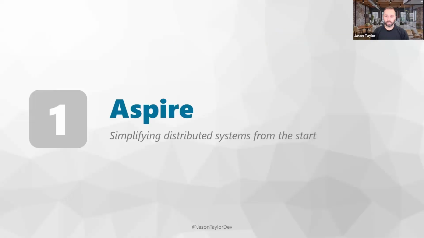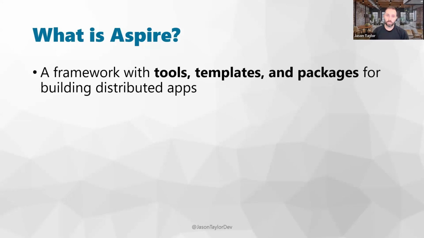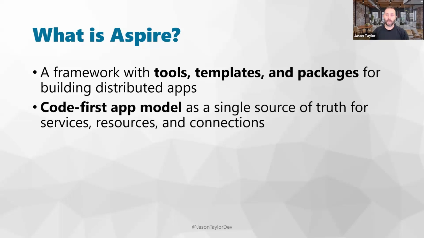Aspire simplifies distributed systems development from the start. So what is Aspire? Well, at its simplest, it's a framework that gives us tools, templates, and packages for building distributed apps. At the core is a code-first app model, which acts as the single source of truth for our services, resources, and how they connect.